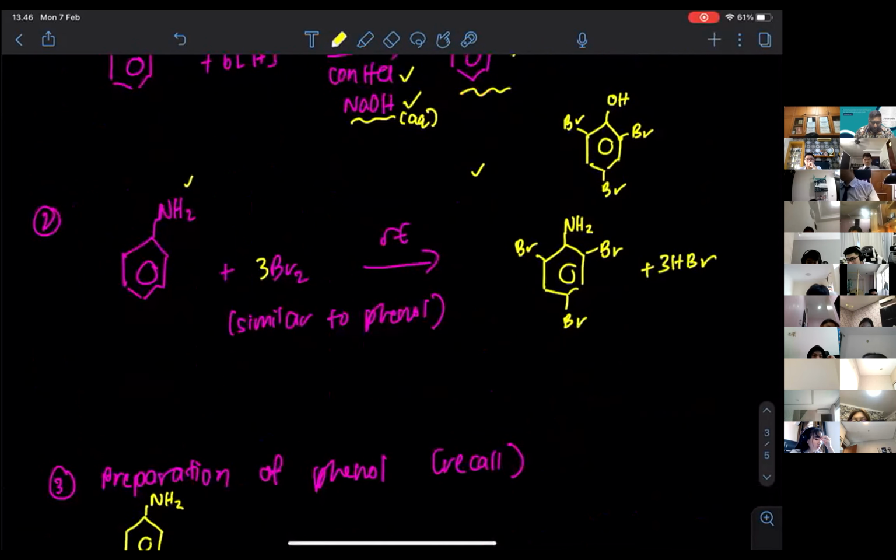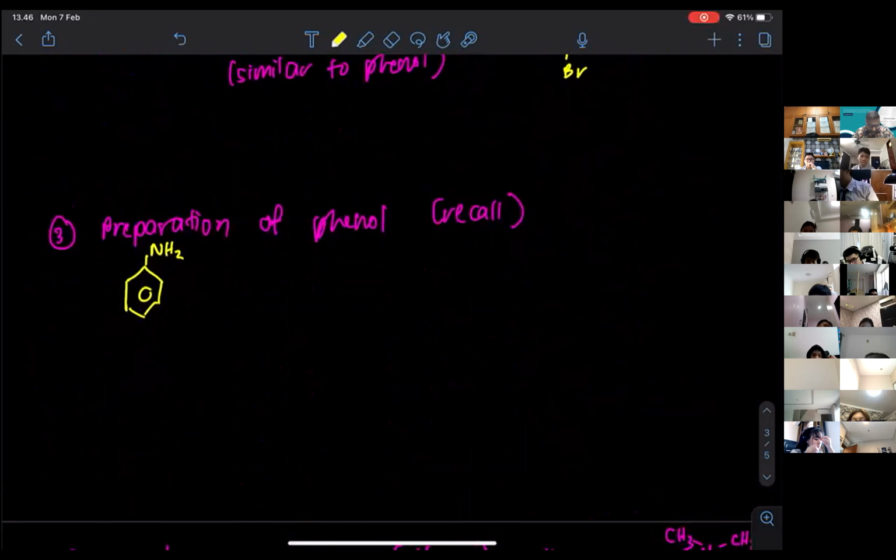Now how do you prepare phenol? Please remember, this one is going to react with HNO2. This HNO2 cannot be prepared in the lab or stored in the lab, so you need to prepare it separately.